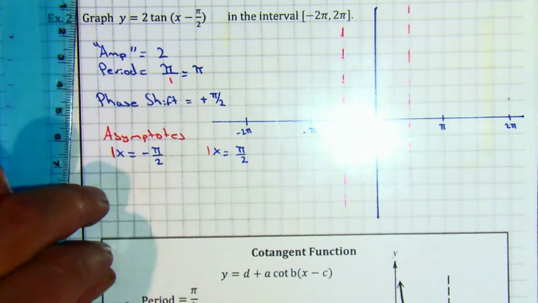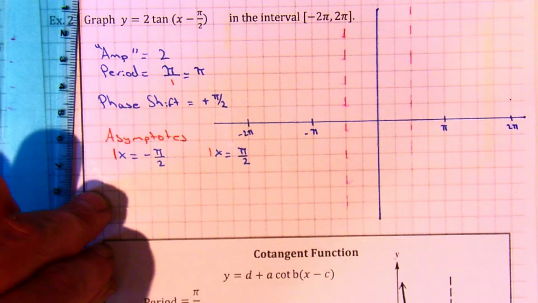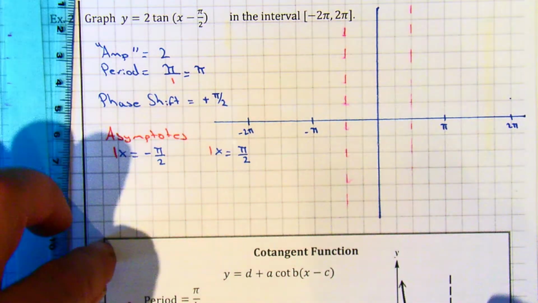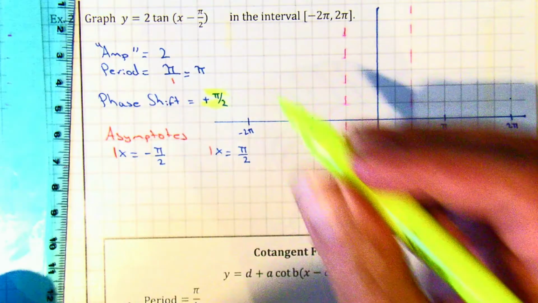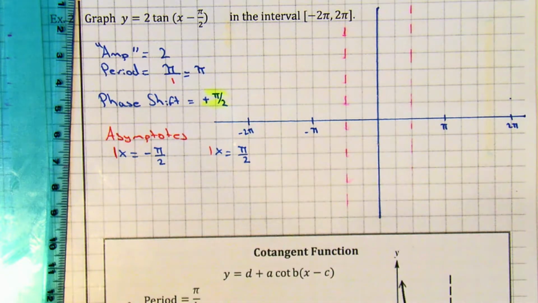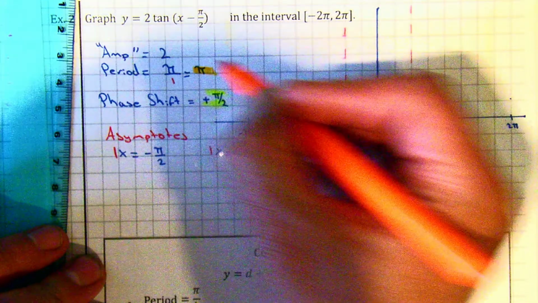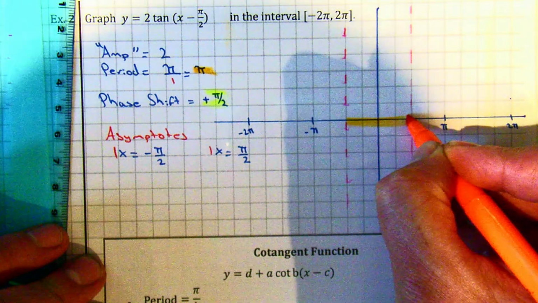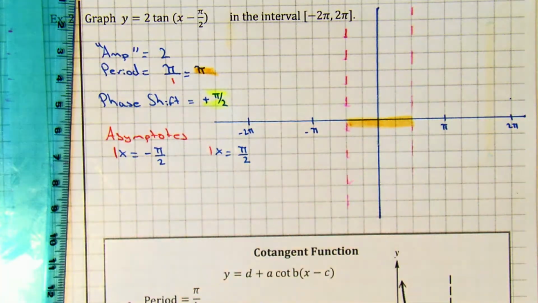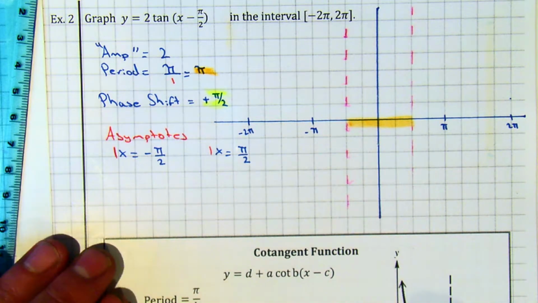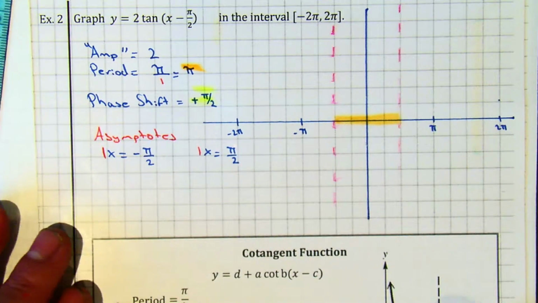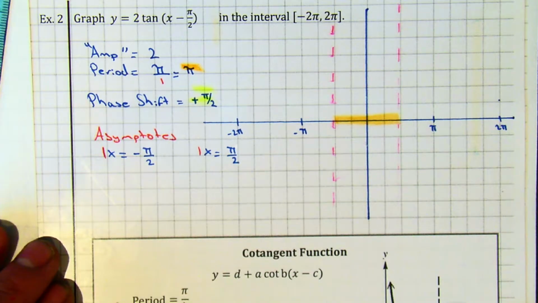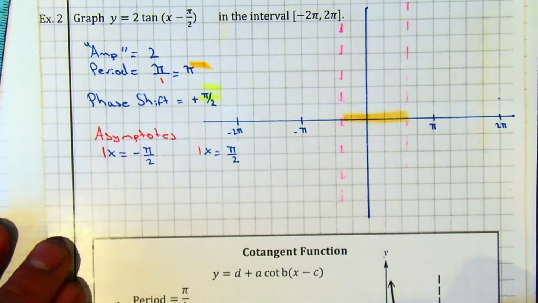But now they will be shifted to the right pi over 2. My period is pi, which should match because that's 4 squares. But I'm shifting it to the right pi over 2, which is 2 squares. So it's supposed to be here, but because I'm shifting it to the right pi over 2, I have to shift it here.